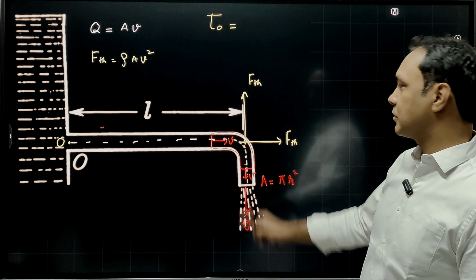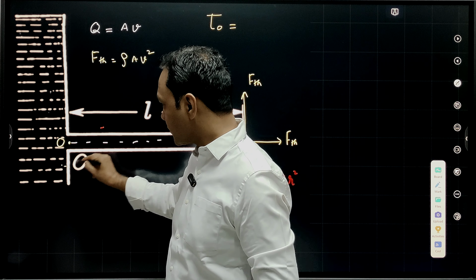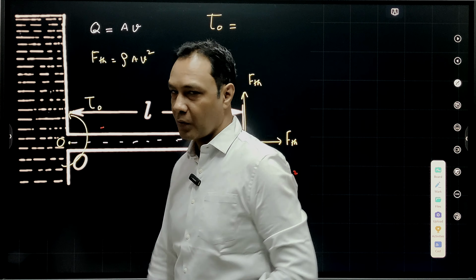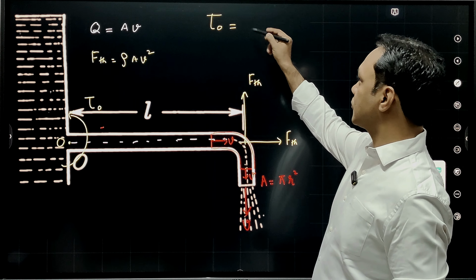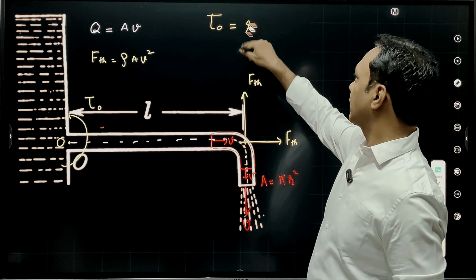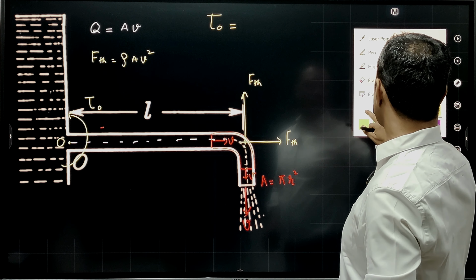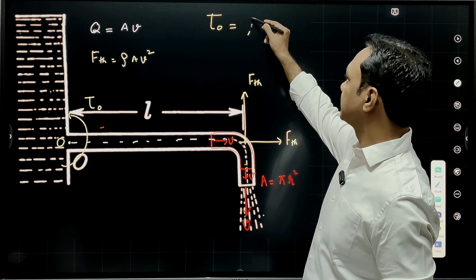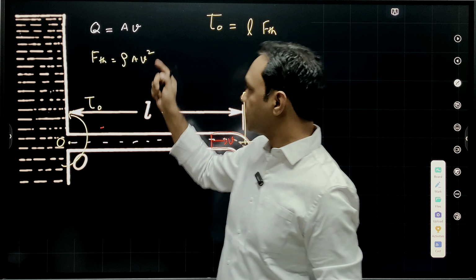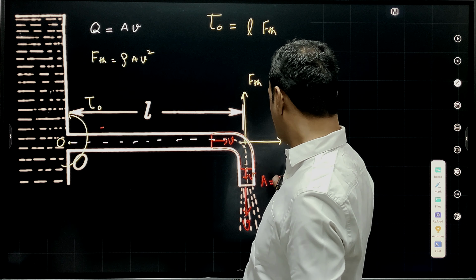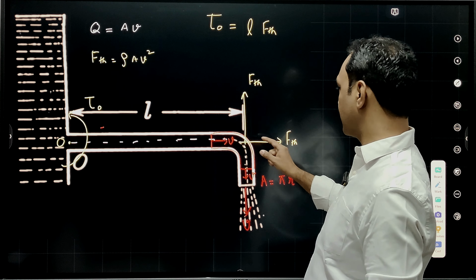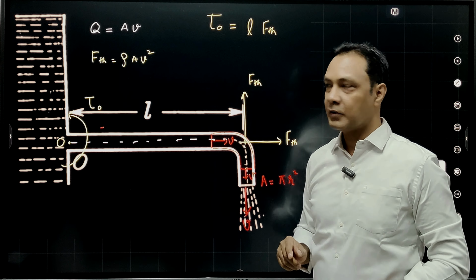Because of this part of F thrust, there would be an anti-clockwise torque, and the magnitude of this torque would be l times F thrust, where F thrust is rho A V squared. This F thrust is not the net F thrust; it is the F thrust on this part. If you want the resultant, that would be root 2 times that.